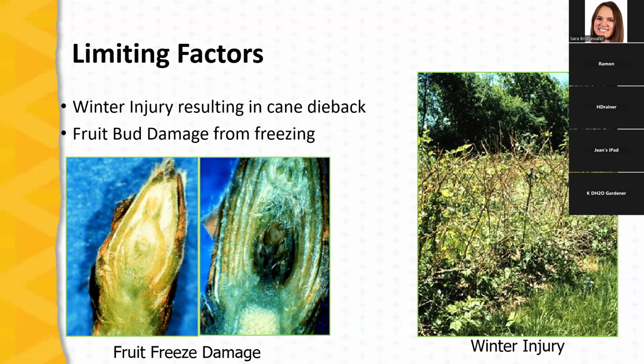That killed most of the buds of those varieties that were not adapted to the cold yet. So there is some risk of that, and you're going to see those plants might sprout in the spring, but they're not going to have flowers or fruits.